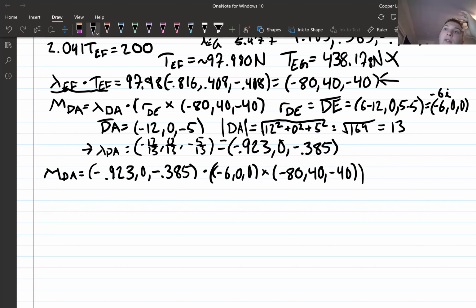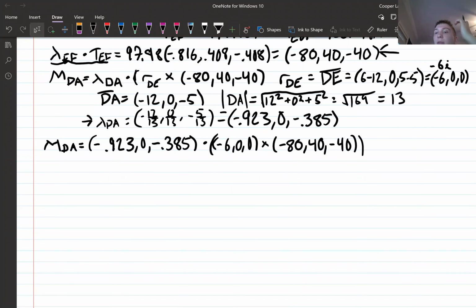I'm going to simplify this a little bit, because as you do it out, it ends up equaling negative 0.923. And now when I do my cross product, because these two values here are 0, no matter what I multiply by, I'm not going to have any effect in the x-axis for my cross. So that ends up just being times 0 minus 0. And then it's minus because that's just how the formula works.